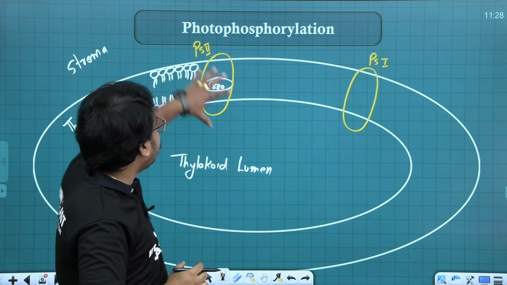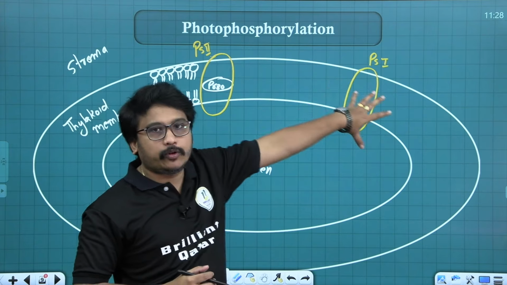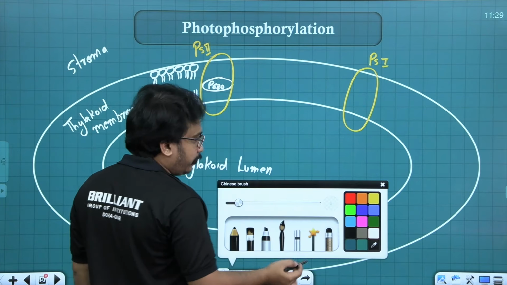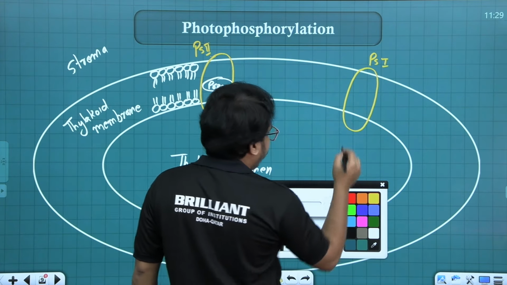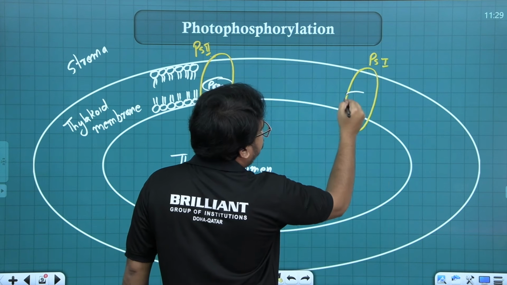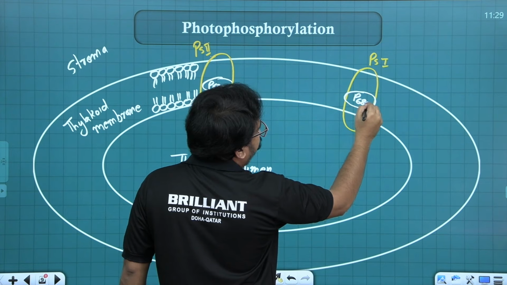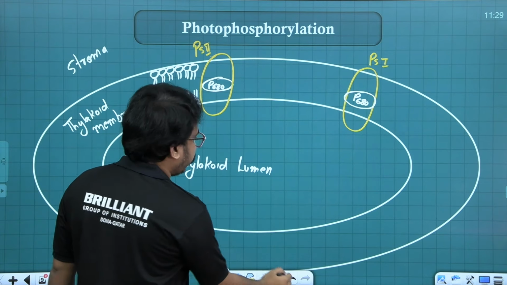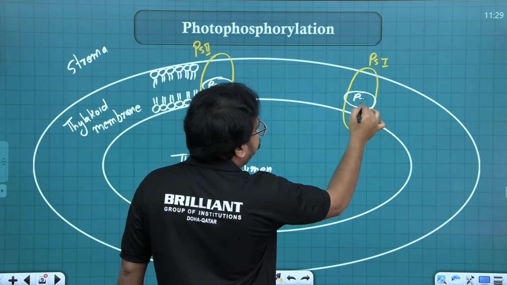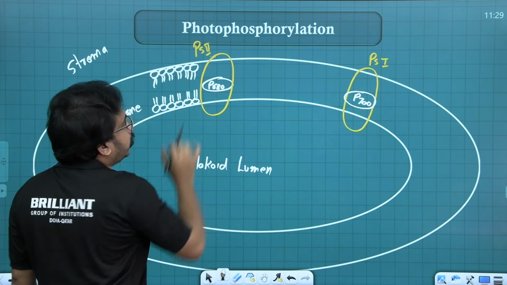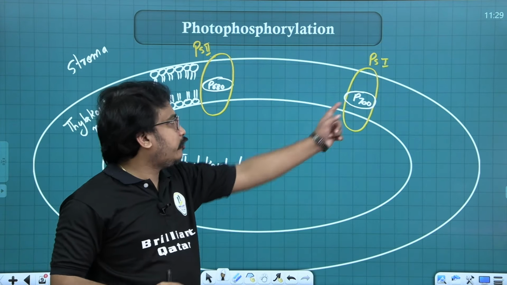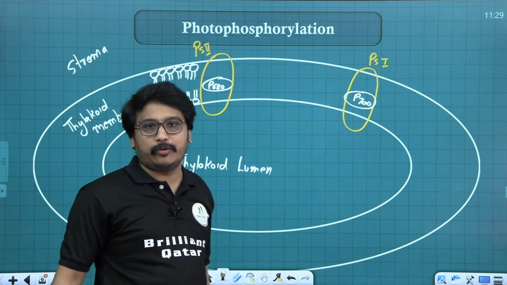Hope you understood, there is a photosystem 2 and a photosystem 1. Photosystem 1 has a reaction center where the maximum light taken up by chlorophyll is 700 nanometer. So photosystem 2 is 680 nanometer, photosystem 1 is 700 nanometer.